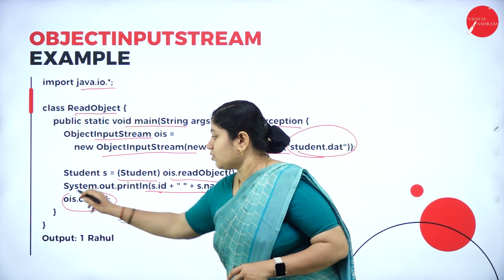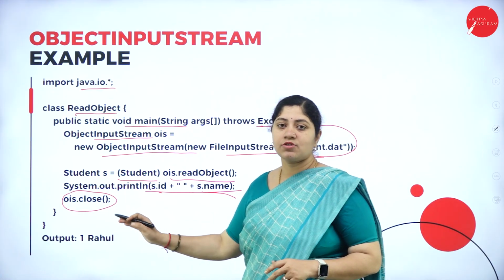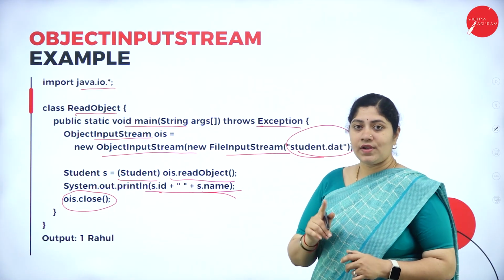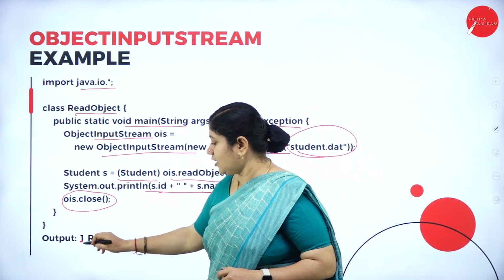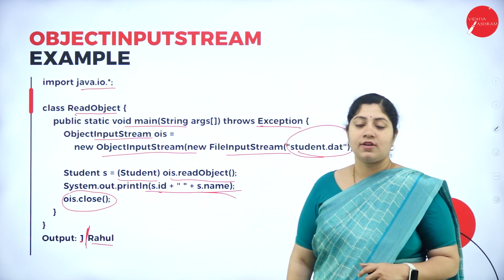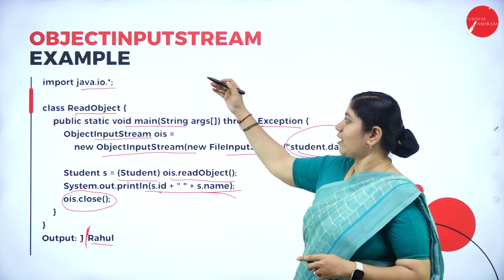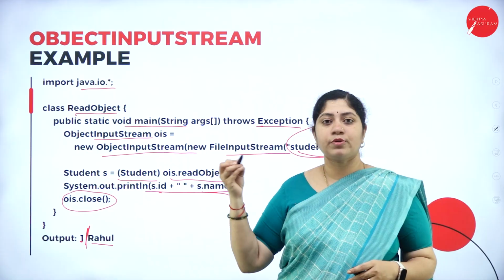Then we are closing this file. Okay, close the brackets. Further, at the output, we will get the student ID, followed by a simple space and the name of the student. So in this way, we can go forward with writing the object input stream class.